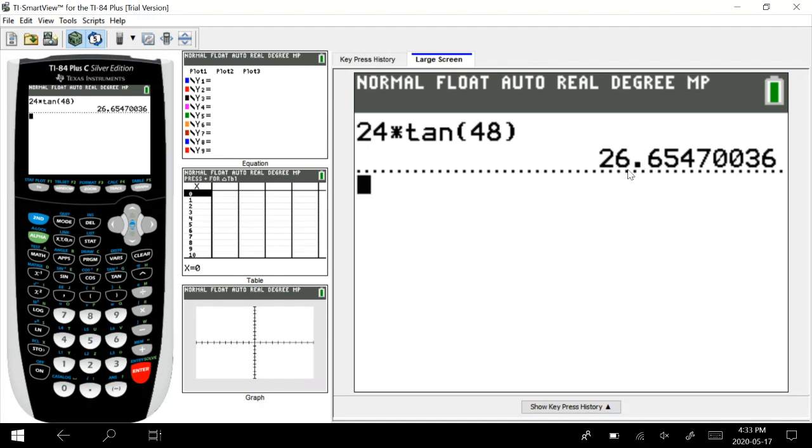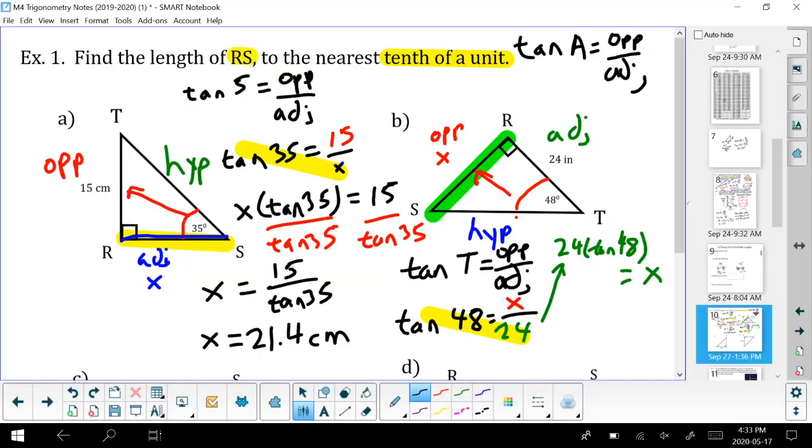If I were to round this to the nearest tenth, this 5 will turn that into a 7, so 26.7 centimeters is equal to x.